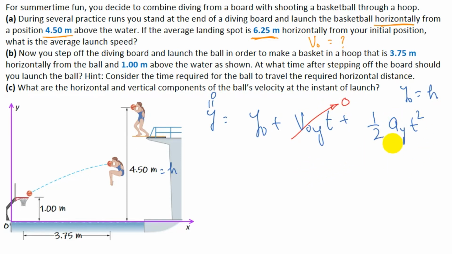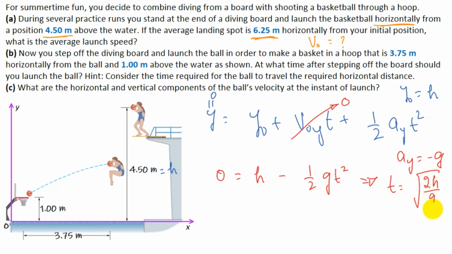And the acceleration on the ball is the acceleration due to gravity, so a_y is minus g. From here we get one equation: 0 equals h minus 1 over 2 g t squared, and from here t would be the square root of 2h over g.